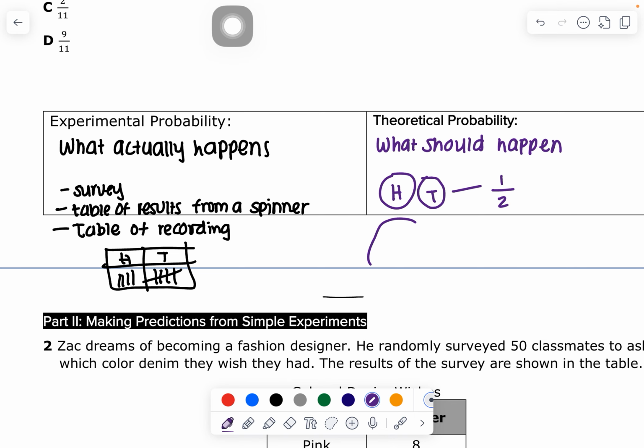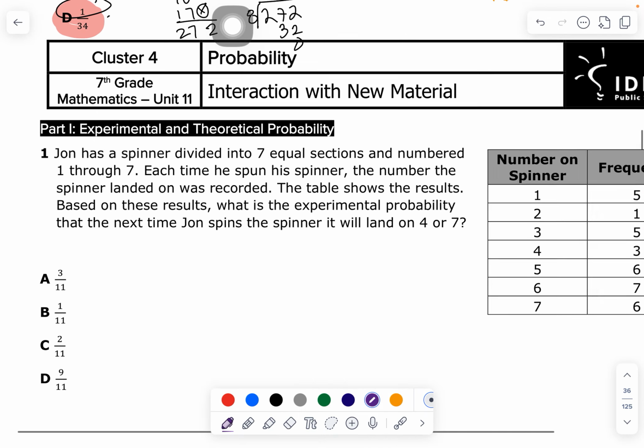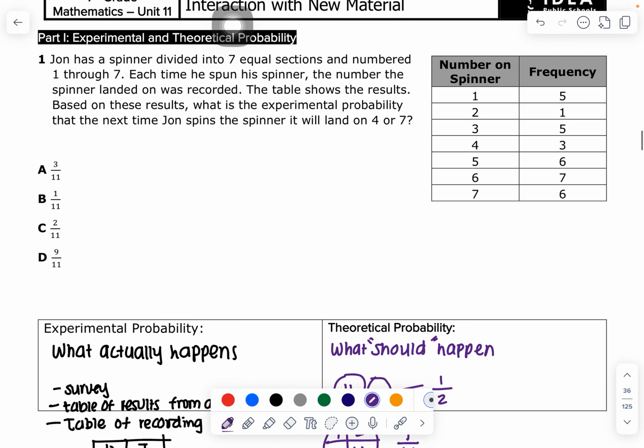The probability of a spinner with four numbers is 1/4 because we're going to get one number out of the four we have. That's what should happen. But sometimes that's just a theory. Sometimes the results are different. So that's the difference, and you're going to have multiple problems in your student practice about this.